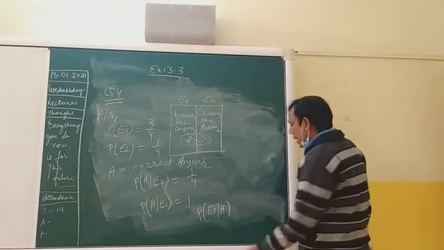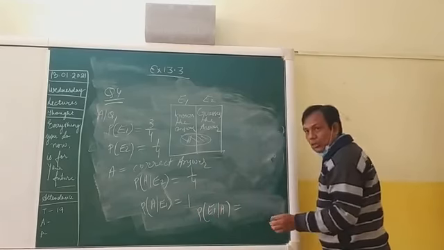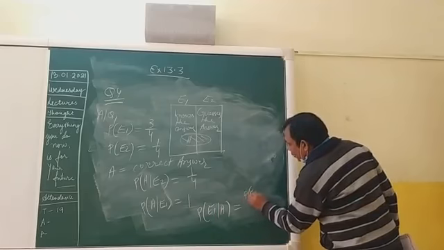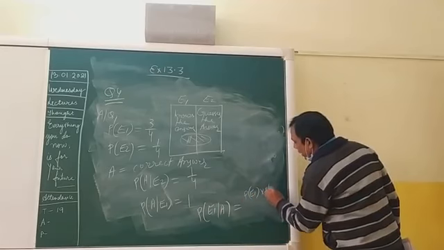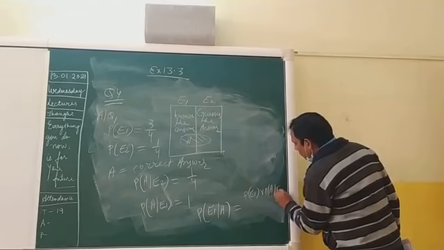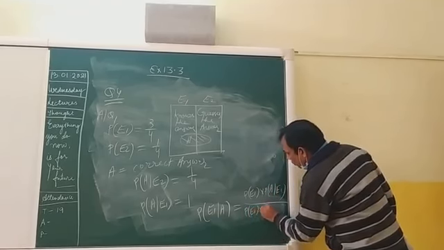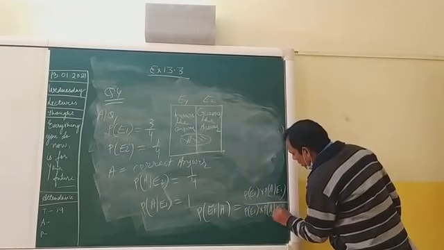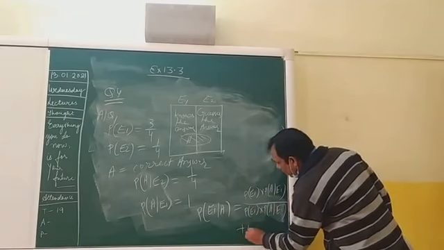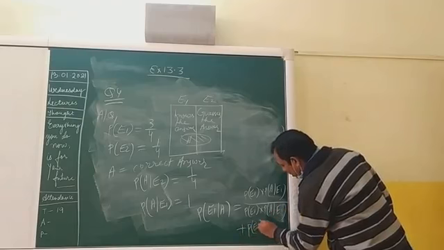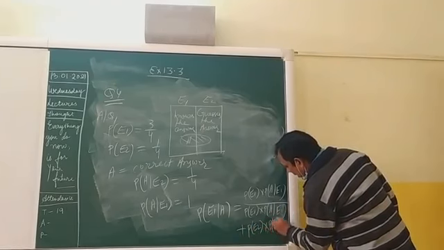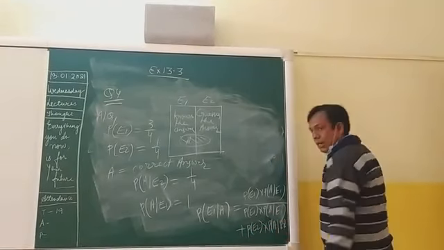Clearly? Again we are going to use Bayes theorem. So it will be P(E1) into P(A|E1) by P(E1) into P(A|E1) plus P(E2) into P(A|E2).